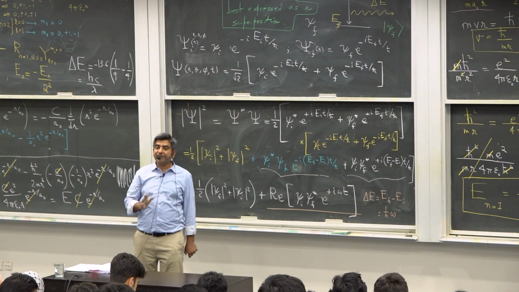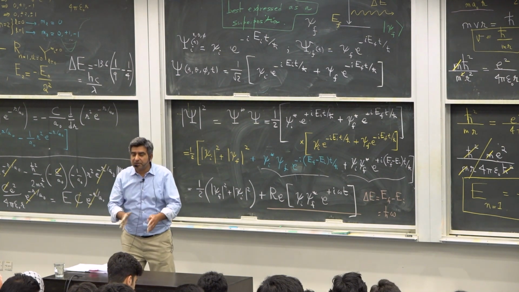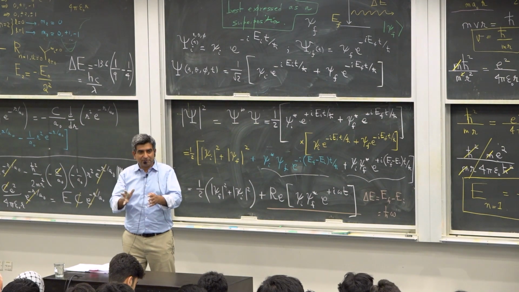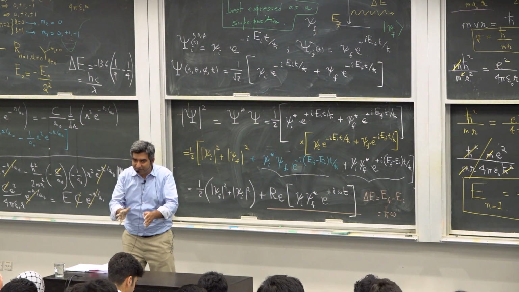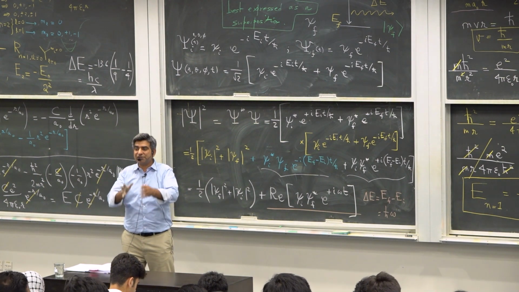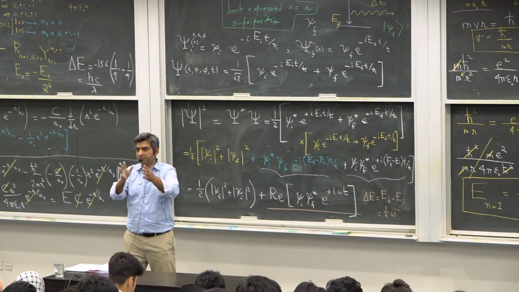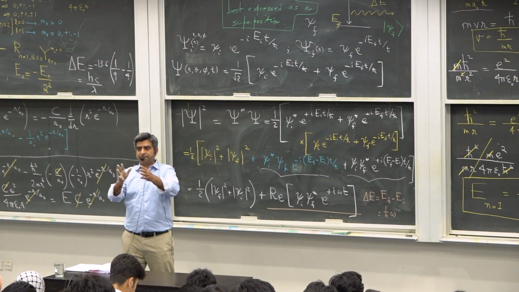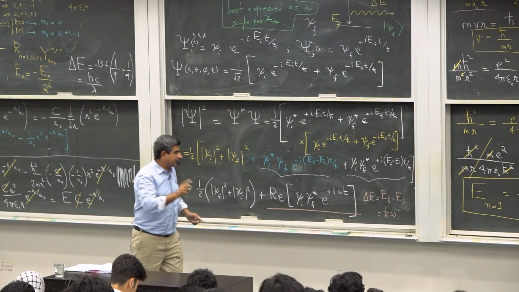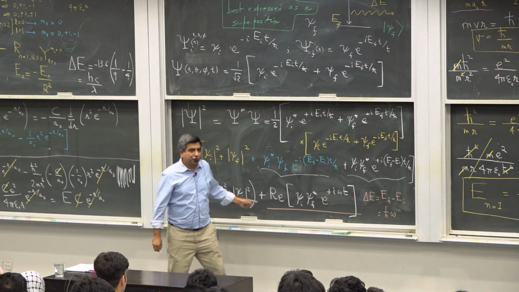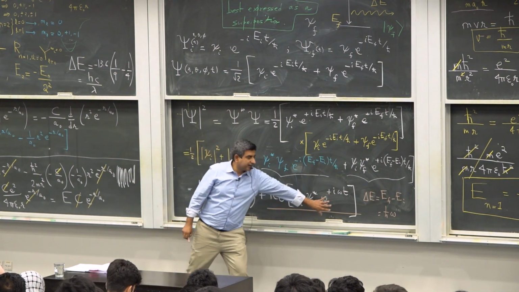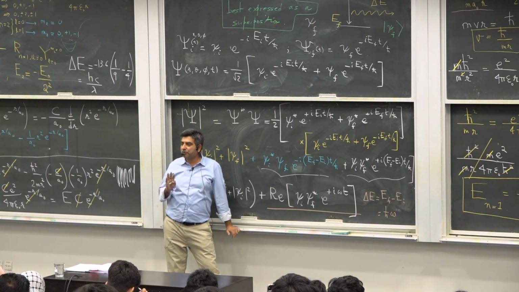Now this is a charge, a probability density function that is oscillating in time. Now, please pay attention to this. Do you agree with me that all the time dependent part is in this term? It's hidden over here.